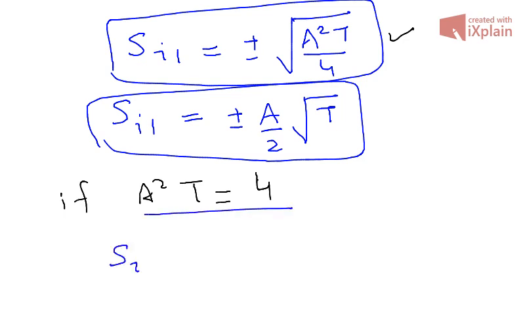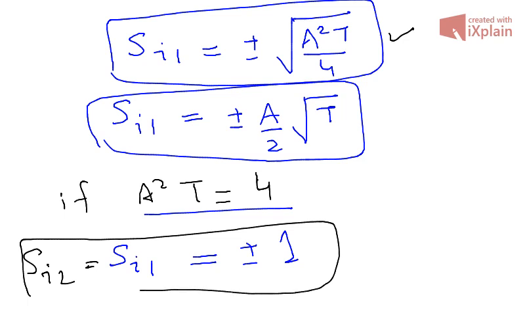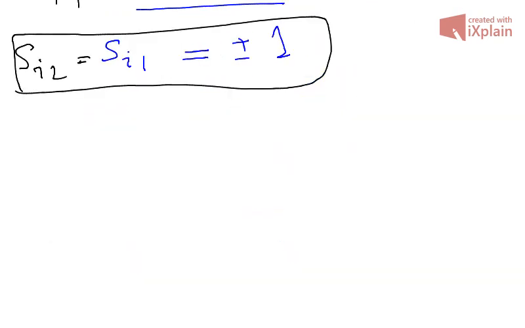So what is psi1? psi1 would be equal to plus minus 1. Similarly, because psi1 and psi2, we said that both are equal, so psi2, which is equal to psi1, can be equal to plus minus 1.